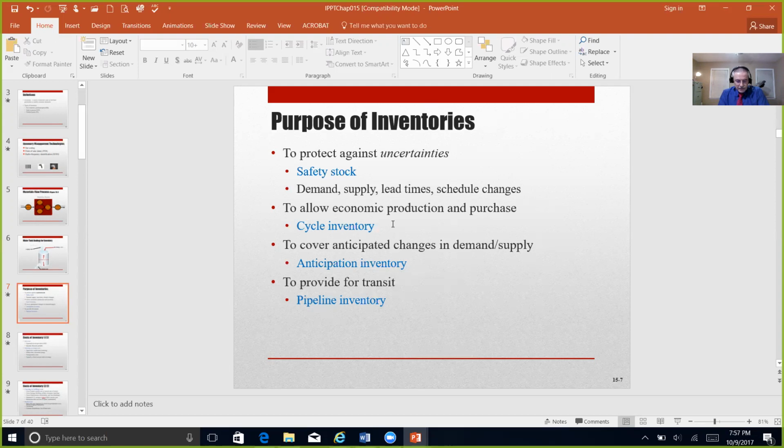Another purpose of inventory is to allow economic production and purchase, or in other words, to allow the production to continue with minimal to no disruptions, so that we can constantly and continuously meet the cycle inventory, that what comes in goes out and is being effectively utilized, that we're meeting the customers' demands and what they want us to provide to them.